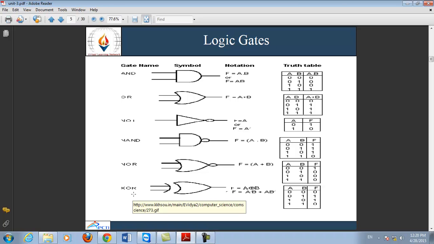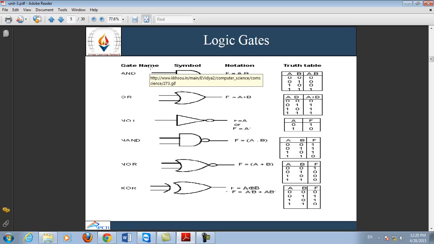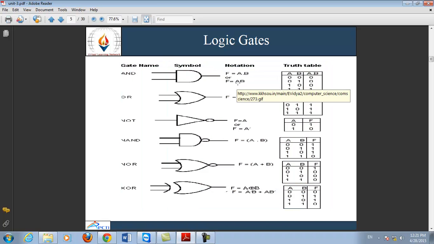For example, if we talk about AND gate, then the symbol to present the AND gate is this. The notation used for AND gate is A into B, that is, a dot is used here, or you can exclude the dot to present AND gate.